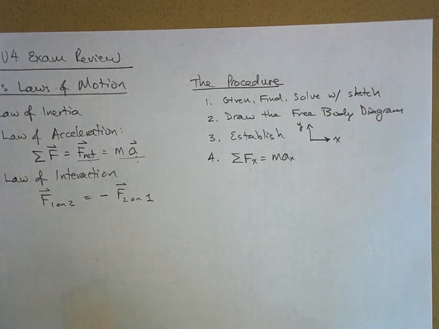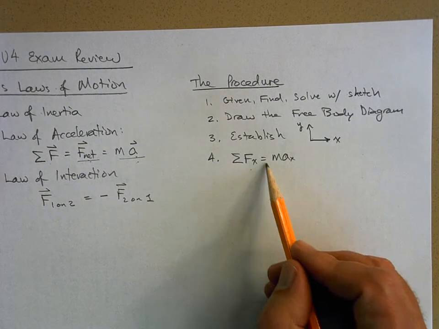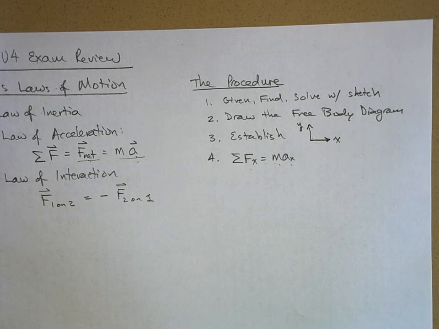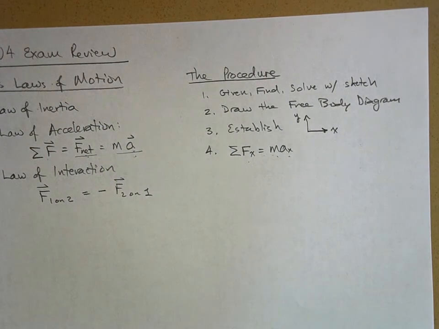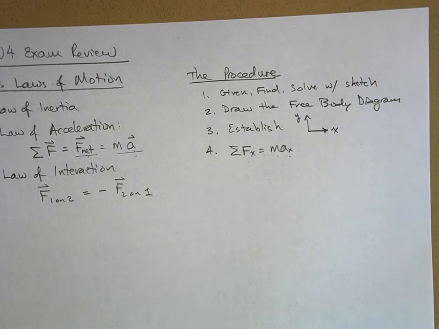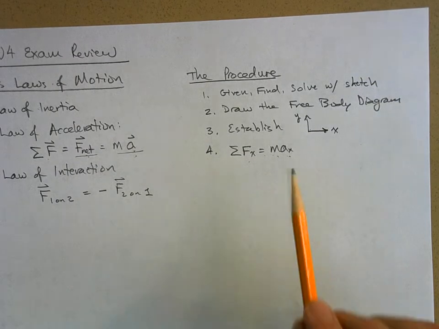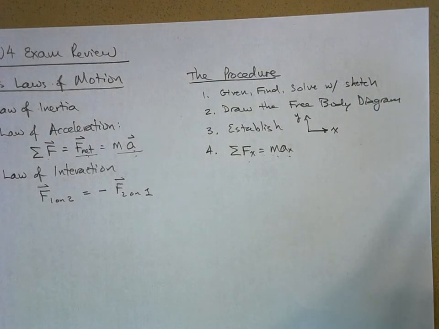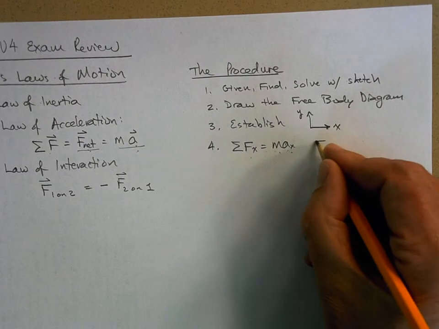And add them together, and set that equal to mass times acceleration in the x direction. Now, maybe you'll have a problem where it tells you the velocity is constant. What does that mean? If the velocity is constant, then the acceleration is 0. So when you add all those forces together, you set them equal to 0. But if there is acceleration, then it's just one of your variables in your equation now. Then you can do the same thing in the y direction.